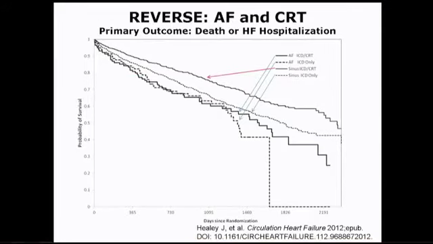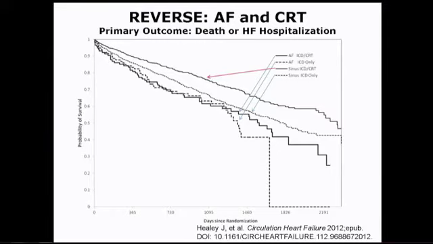What about atrial fibrillation? This comes up all the time, and this is a busy slide, and I tried to put arrows on here. The bottom line, though, is that if you have sinus rhythm and you don't have an indication and you get a CRT device, you do well. All of the other subsets, and especially atrial fibrillation, and the bottom curve there is atrial fib with CRT, benefit is diluted.